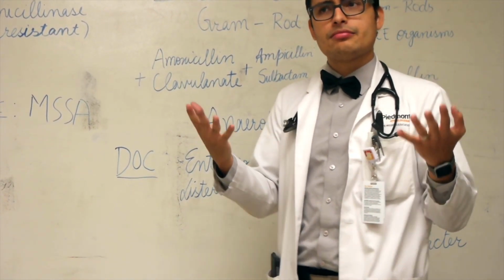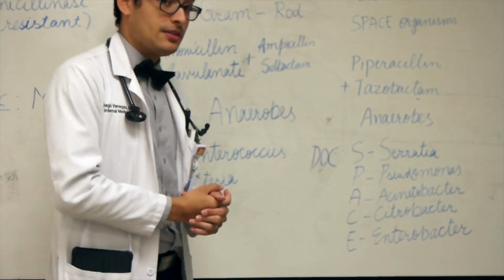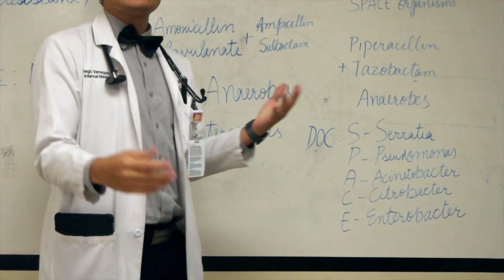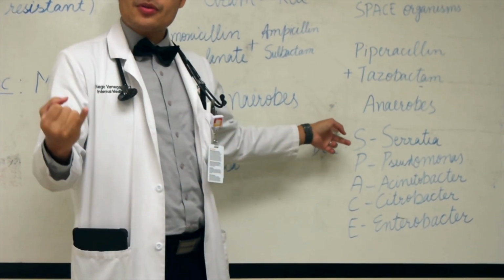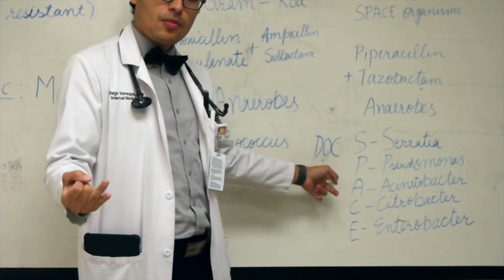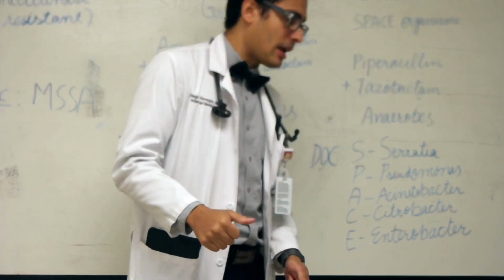And what are they the drug of choice for? The SPACE organisms. And what are the SPACE organisms, you may wonder? S for Serratia, P for Pseudomonas, A for Acinetobacter, C for Citrobacter, and E for Enterobacter.